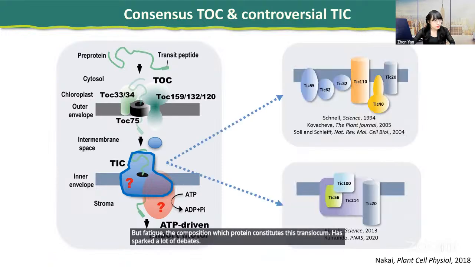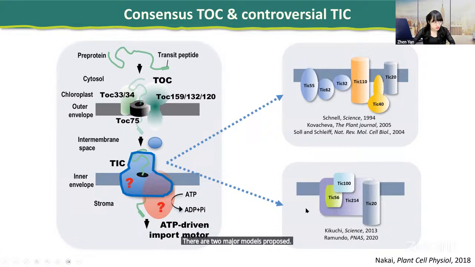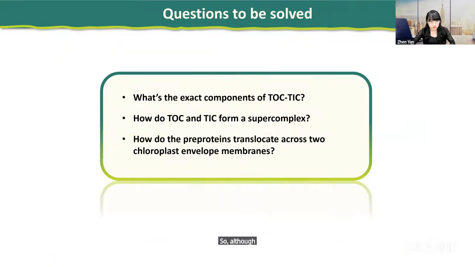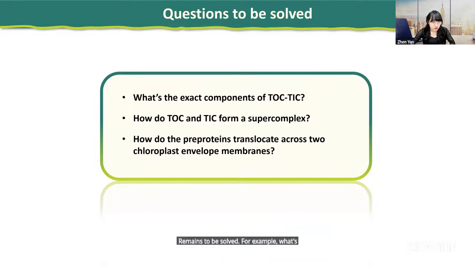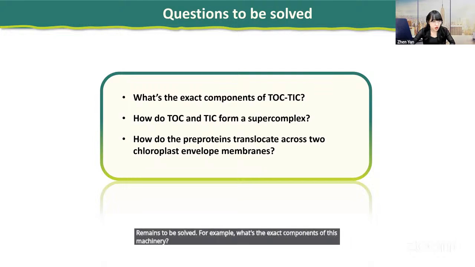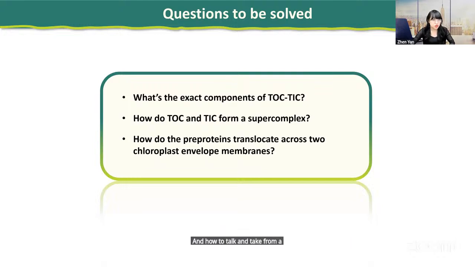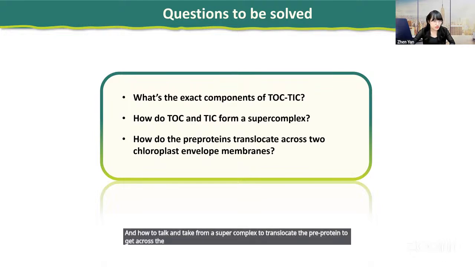There are 2 major models proposed with quite different components, but both models agree that TIC20 is a key component. So although this field has a long study history, a lot of fundamental questions remain to be solved. For example, what are the exact components of this machinery, and how do TOC and TIC form a supercomplex to translocate the preprotein across the 2 chloroplast envelope membranes?